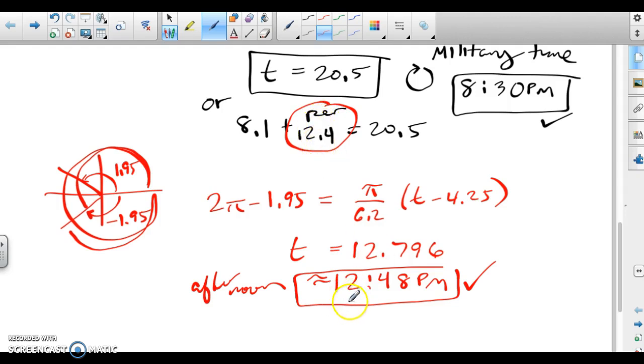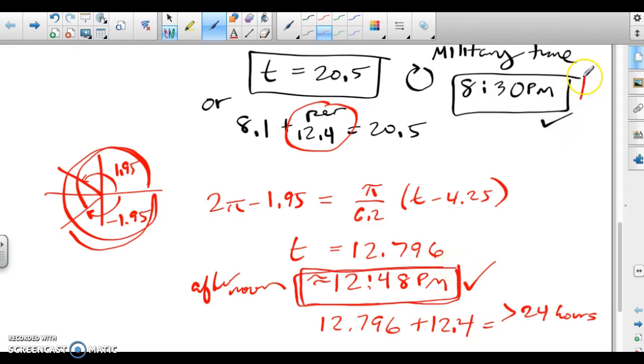So if we just add 12.4 hours to 12.796, then we know for sure, well, 12 and 12 definitely give us 24, so we're going over 24 hours. So because of that, by doing the coterminal angle, that's going to bring us back into the next day. So we don't want to find its coterminal angle. All we have is this answer here at 12:48, and then our other answer was 8:30. And that's it for this problem.